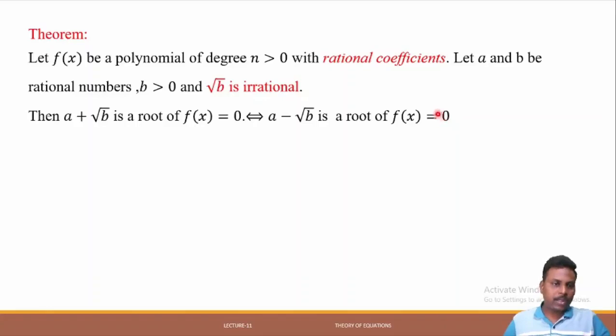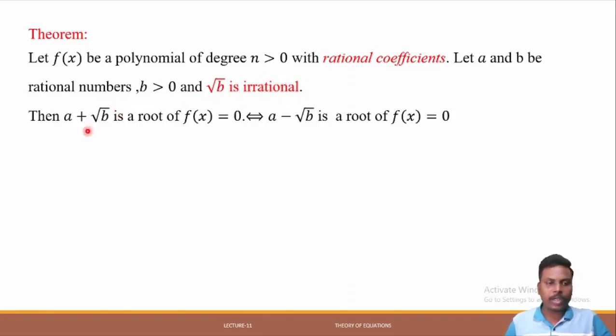Let us try to understand this theorem. You are given a polynomial of degree n greater than 0 with rational coefficients. That means for a given polynomial, all the coefficients are rational. And a comma b are rational numbers, b greater than 0 such that root b is irrational. That means root b is a surd.